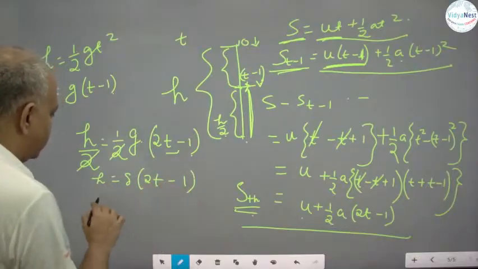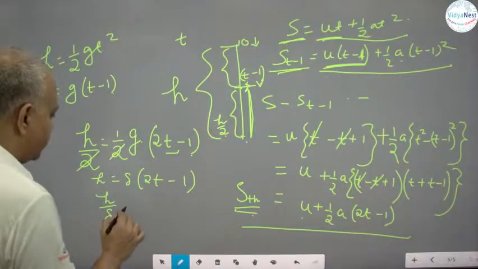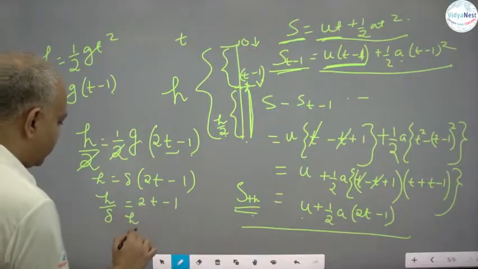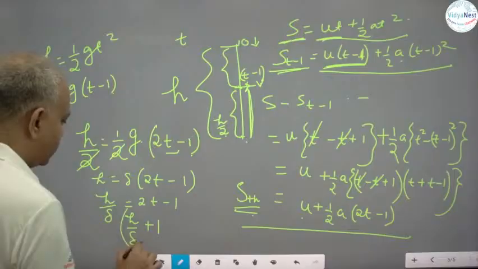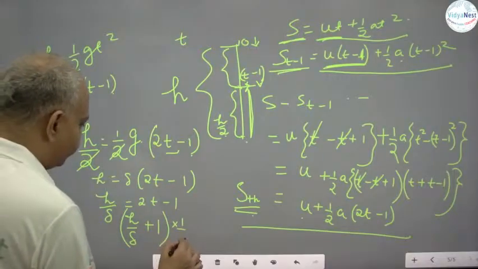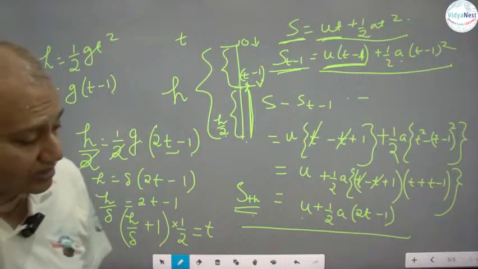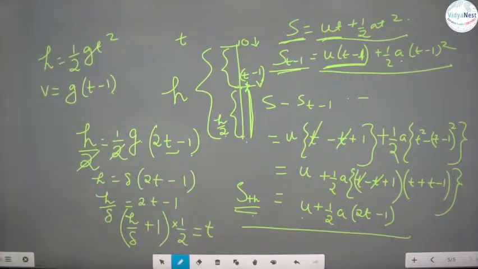So h by g is equal to 2t minus 1, so h by g plus 1, into half, is equal to the total time we can find from here. This is the total time we can find from here.